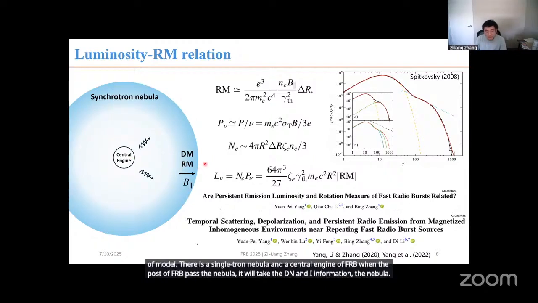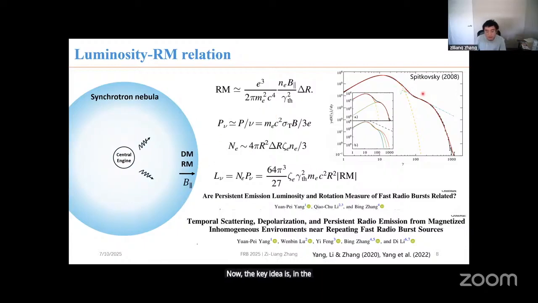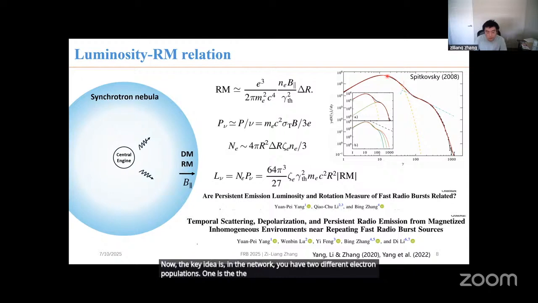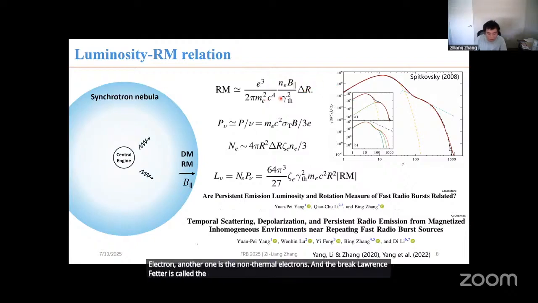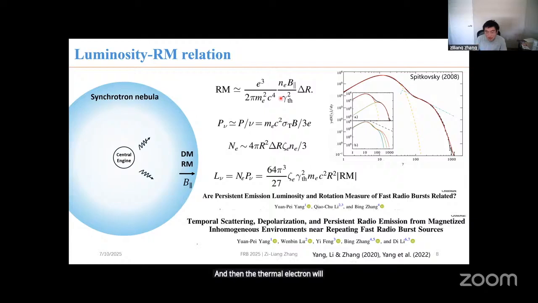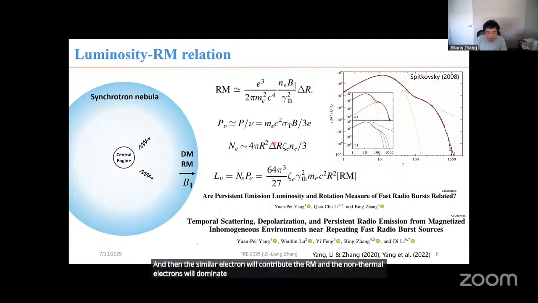Now, the key idea is that in the nebula, you have 2 different electron populations. One is the thermal electrons, another one is the non-thermal electrons. And the break Lorentz factor is called gamma_th here. The thermal electrons will contribute the RM, and the non-thermal electrons will dominate the radiation of the PRS.